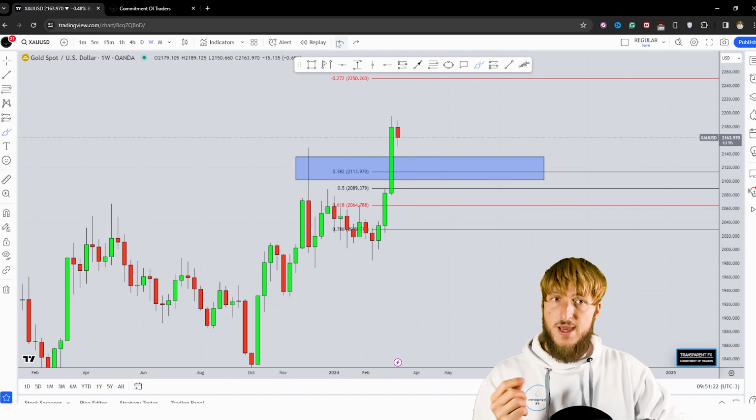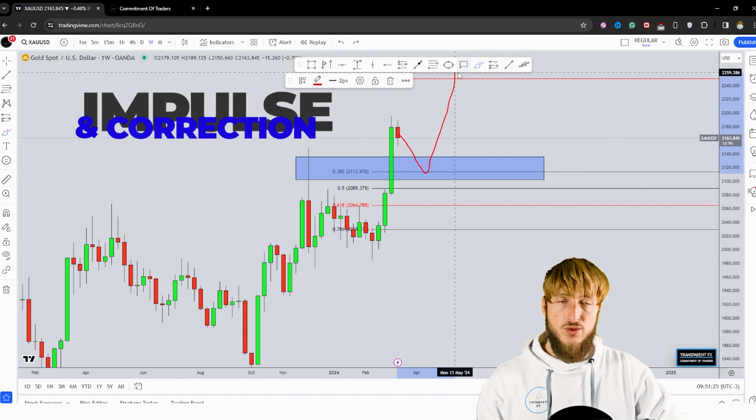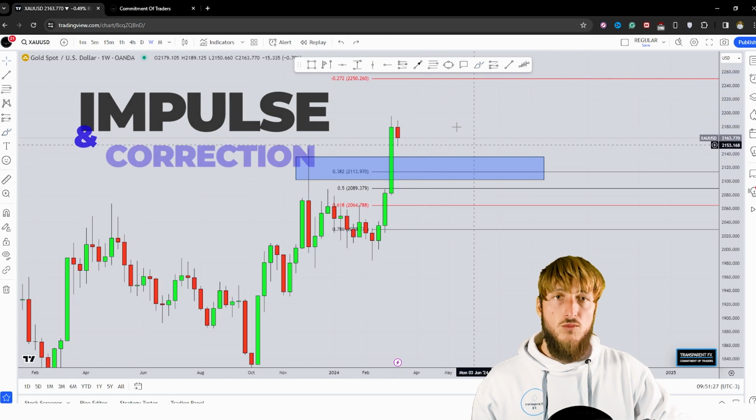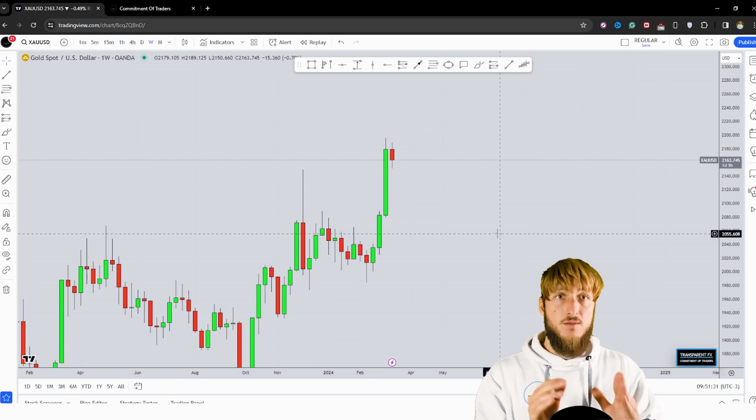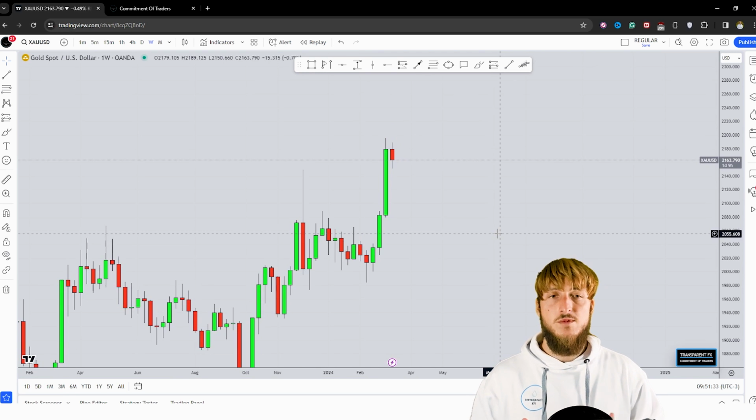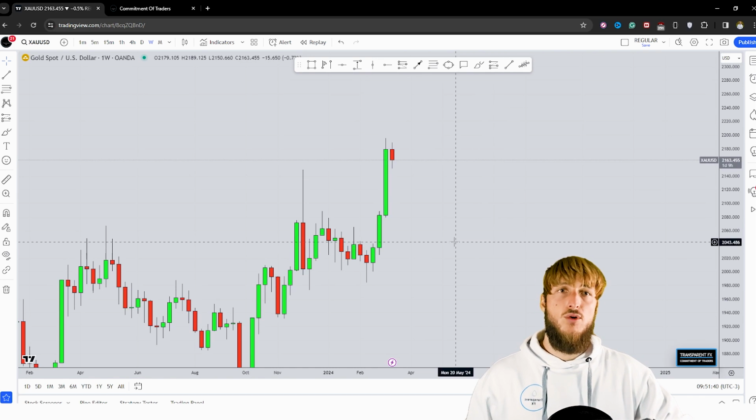So what we could expect here is a potential correction to this zone and then to see more potential bullish continuation being created. So at least so far, by looking at the monthly and weekly timeframes, it seems like we have good probability of seeing short-term bearish price action and then longer-term bullish continuation.